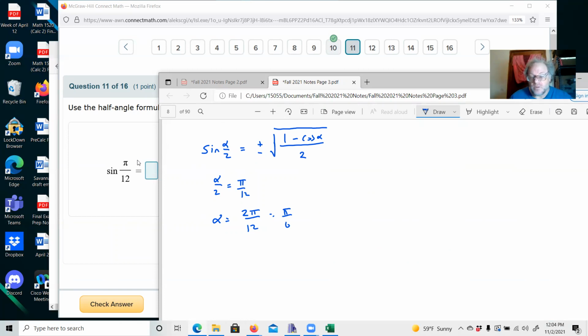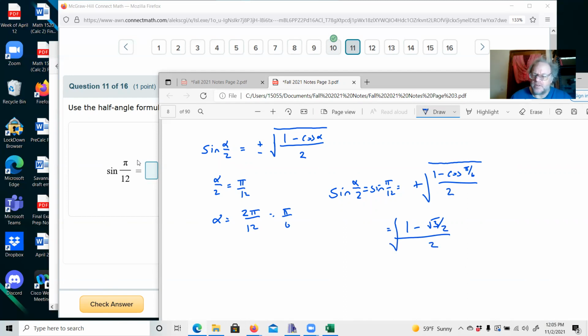So sine of alpha over 2, or sine of pi over 12, is equal to the positive, because we're in quadrant 1, square root of (1 minus cosine of pi over 6) over 2. Okay, and this is all under a square root, so that's what we have to deal with.